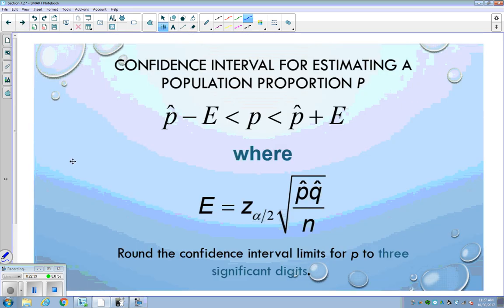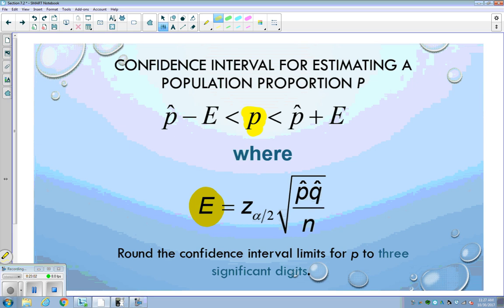So here's what you're going to do. This is my population proportion. That's what we're trying to find out from our samples. So we're going to calculate our margin of error first.